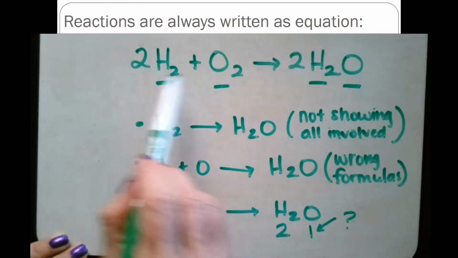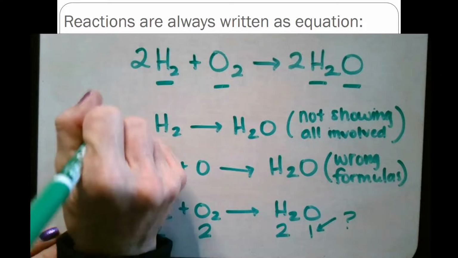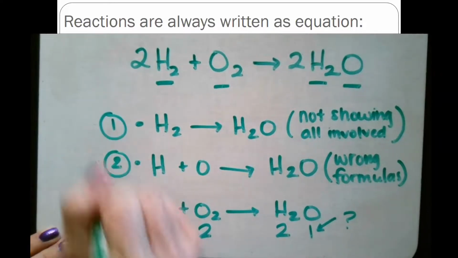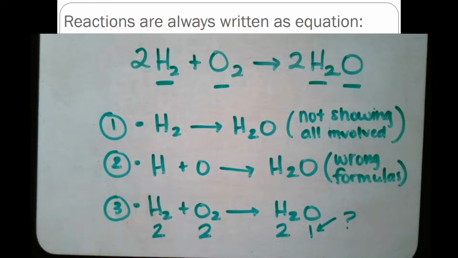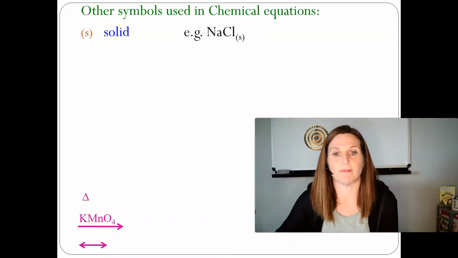And so balancing allows for that accounting. So these are three examples of how we can see the characteristics of a chemical equation in a real equation. What we're going to be doing now is going through some of the other symbols that you might come across during the chapter to make sure that you feel comfortable with what they mean.